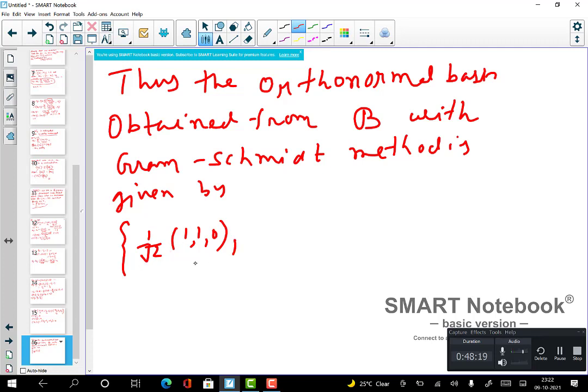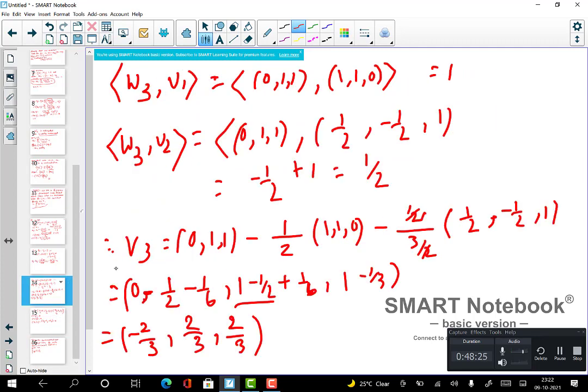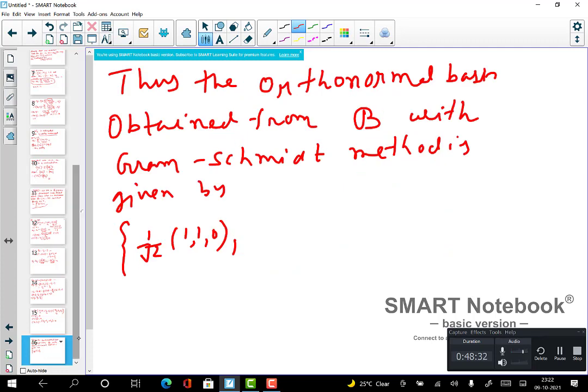Okay. Similarly, the second one was what? For the second one, the norm squared of b2 was 3 by 2, and hence the norm of b2 equals root of 3 by 2. So this will be root of 2 by 3 because you are now dividing.